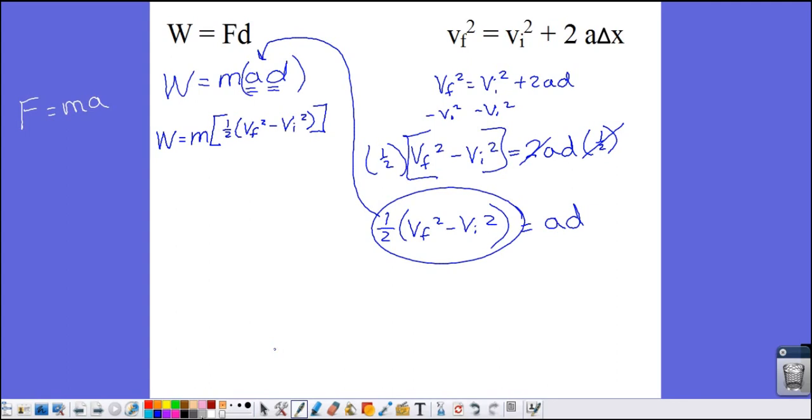The next thing I'm going to do is distribute the 1/2 and the mass to both. So I'll be left with work is equal to 1/2 mass times the final velocity squared minus 1/2 mass times the initial velocity squared.